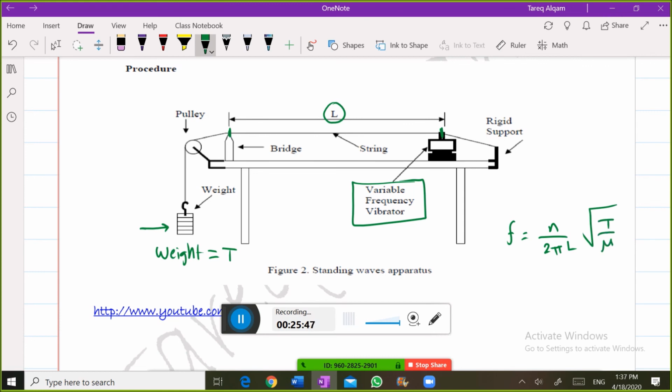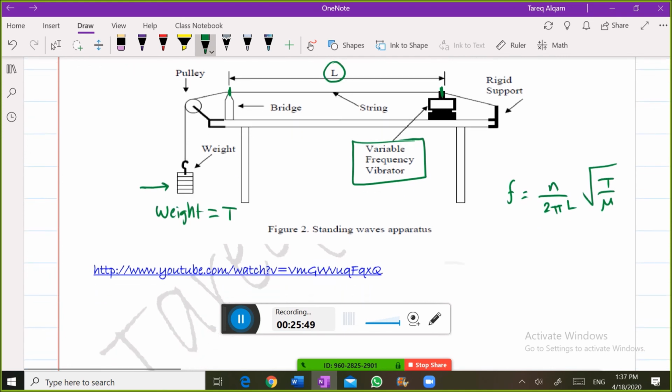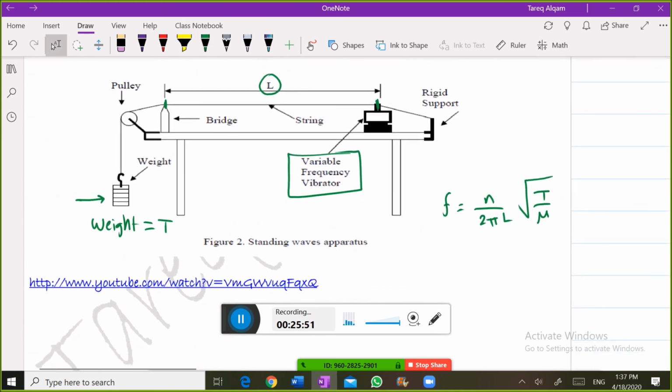So here I have different investigations that I may do. First of all, I may vary the frequency with the length. Every time I have to move this bridge, either right or left, to have different lengths between these fixed points, and we have to measure the frequency.